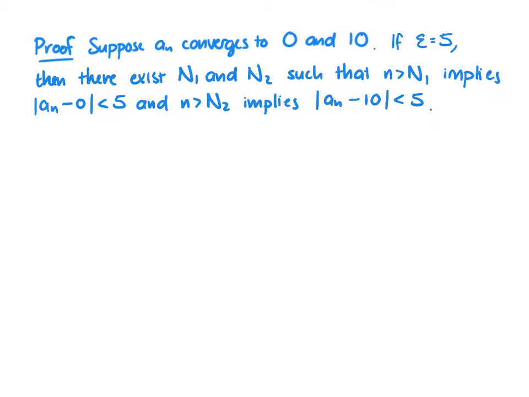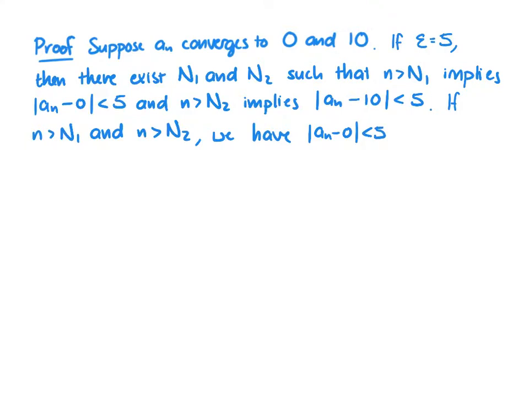So that's certainly possible. Just let little n be bigger than both N1 and N2. Right, that certainly can happen at some point, as long as little n is greater than the larger of N1 and N2, then we have that. So if n is greater than N1 and n is greater than N2, and this can certainly occur, we have that |a_n - 0| is less than 5.